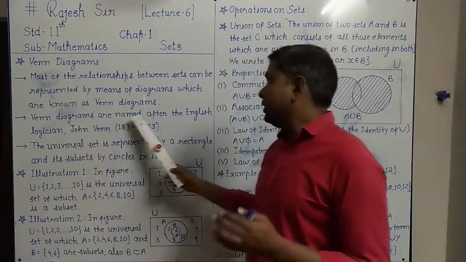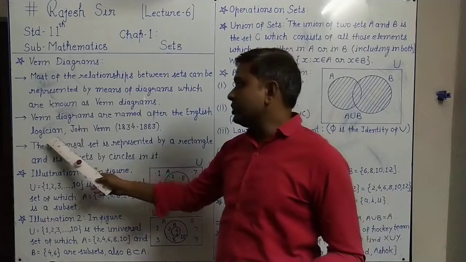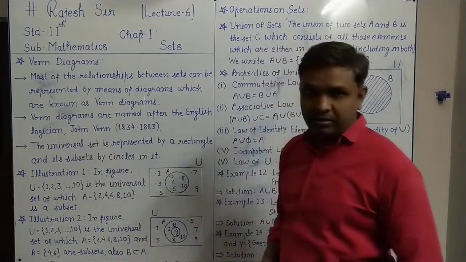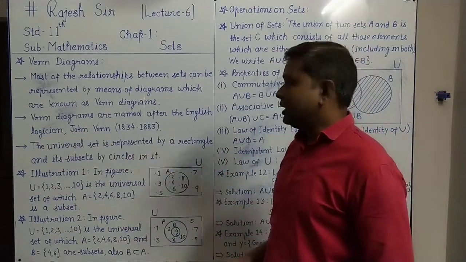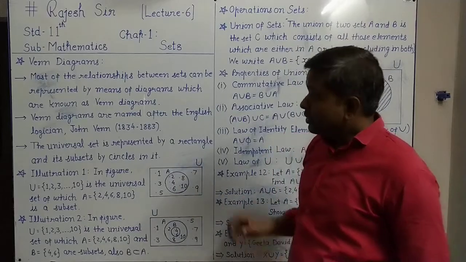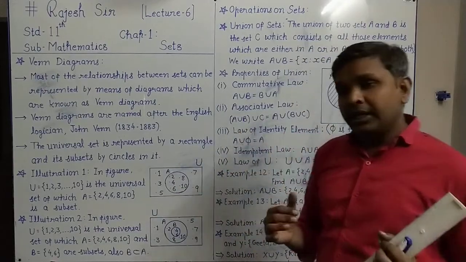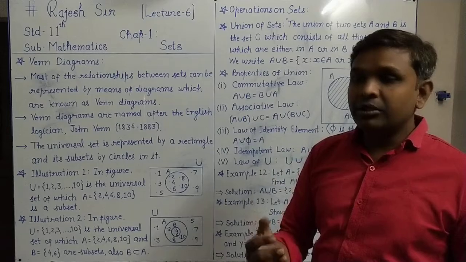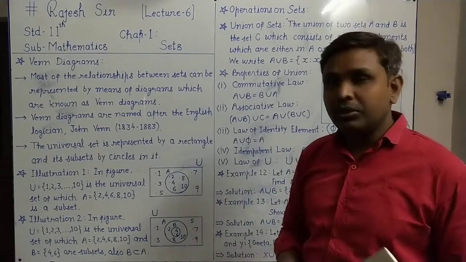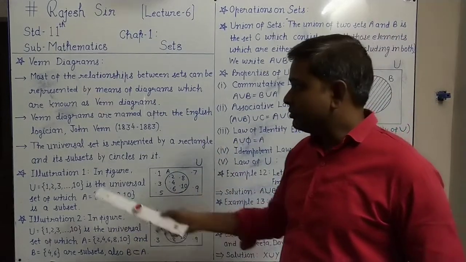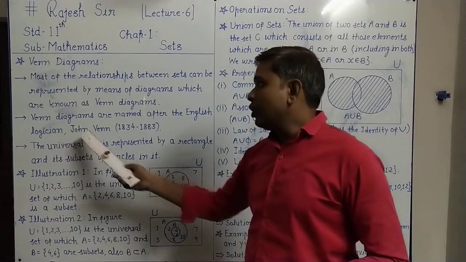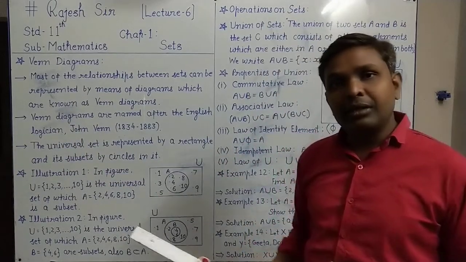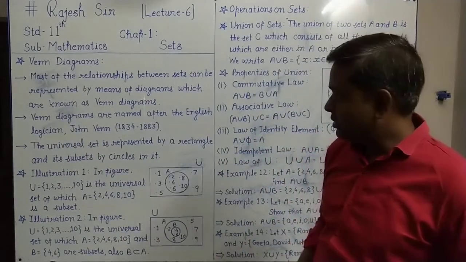Venn diagrams are named after the English logician John Venn, 1834 to 1883. He gave the idea of how to represent sets or relations of sets in a diagram. So by the name of that logician John Venn, we call these diagrams Venn diagrams.